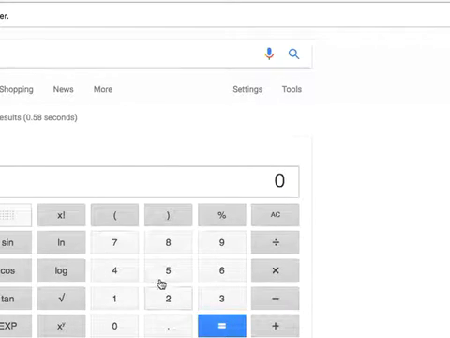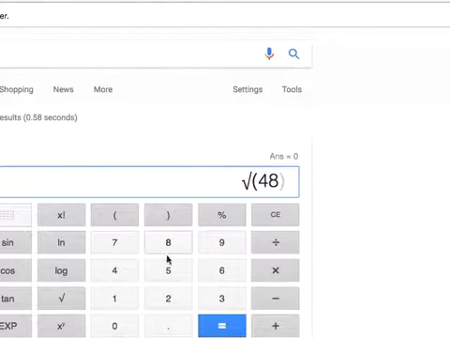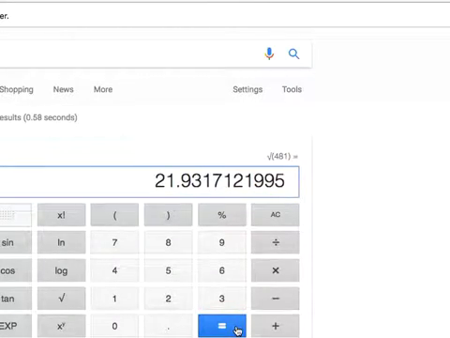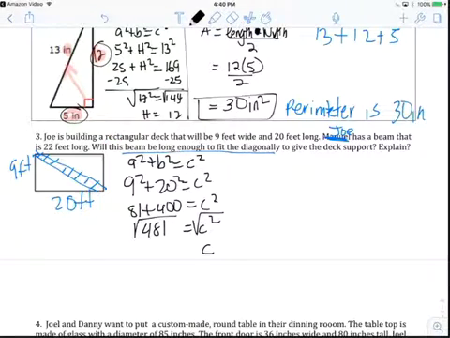Clear. Square root of 481. Okay, equals 21.93. So C is equal to 21.93. Okay. We'll minimize the calculator.